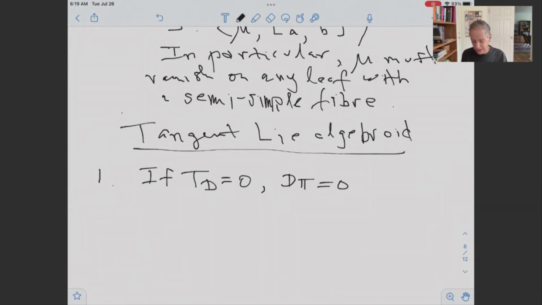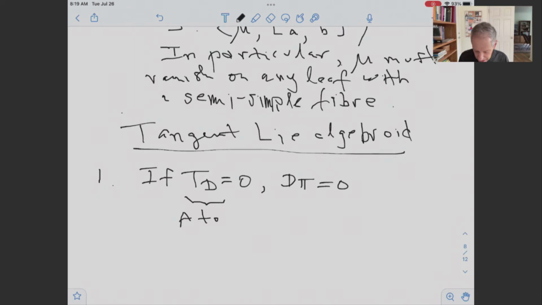So if there's a torsionless connection such that d pi equals 0. This is something called the A torsion, right?